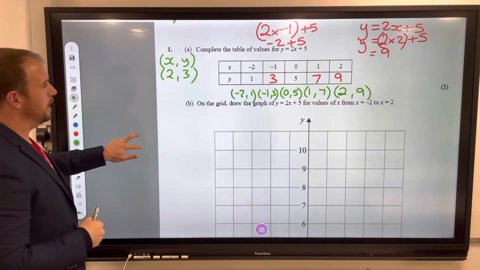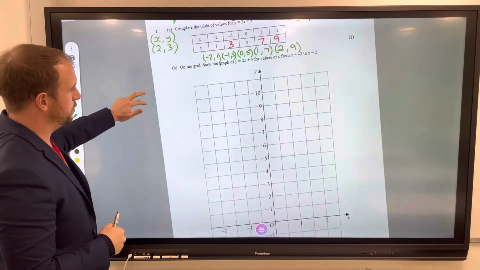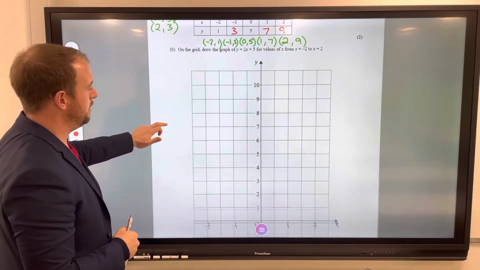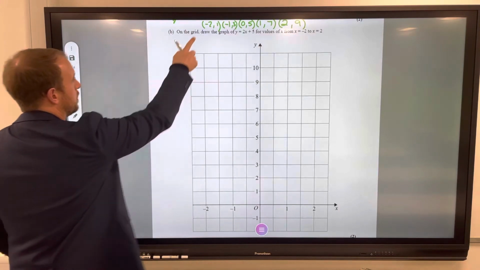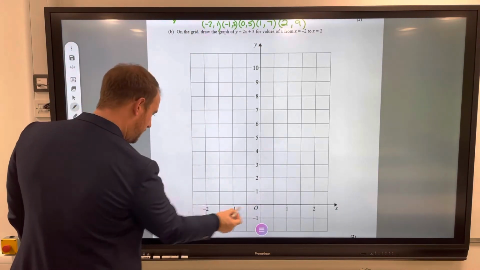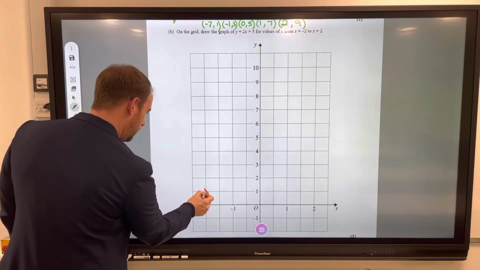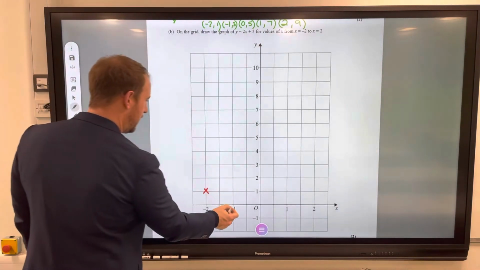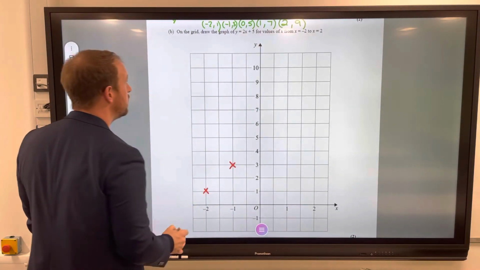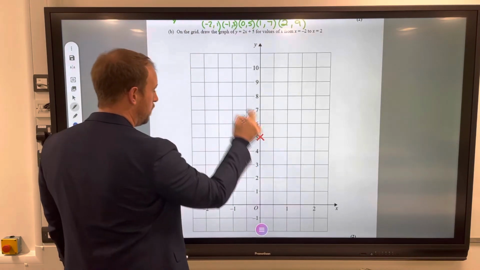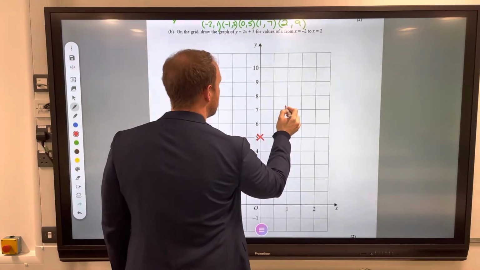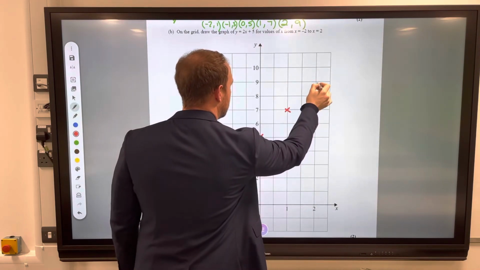So then on our 4-quadrant graph here, we can easily plot these points. So at minus 2, we need to go to 1. So minus 2, 1, draw across, minus 1, 3, 0, 5, 1, 7, and then 2, 9.